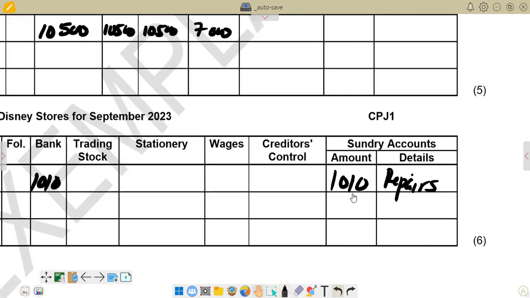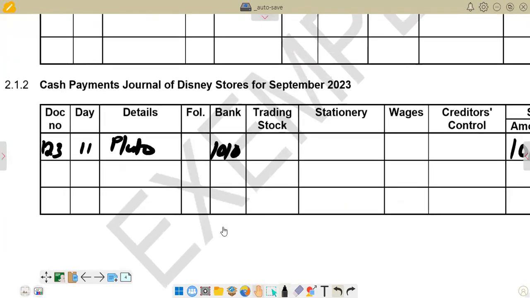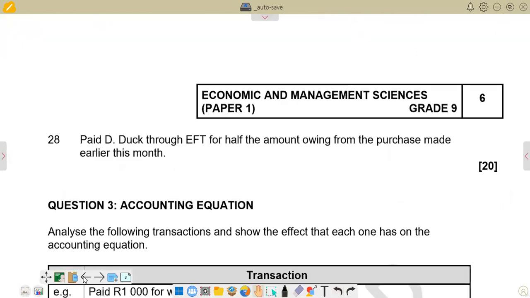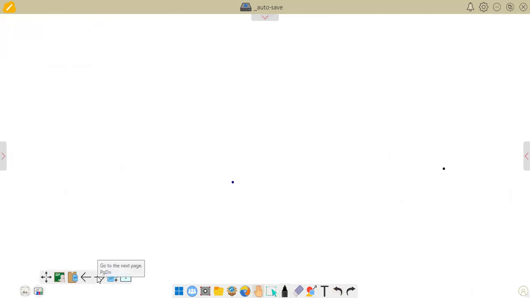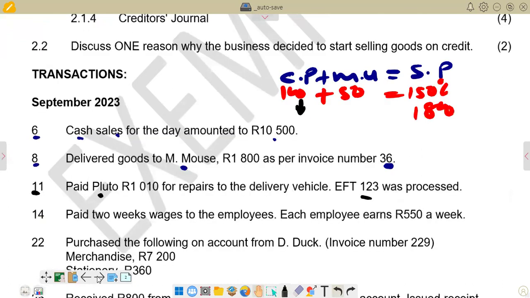Then we can just go back and try to see what we have next. Okay, we are now going to September 14. So September 14 is paid 2 wages to the employees. Each employee gets 550. That's a week. So what is important is for you to know that the wages are for 2 weeks that we have paid.